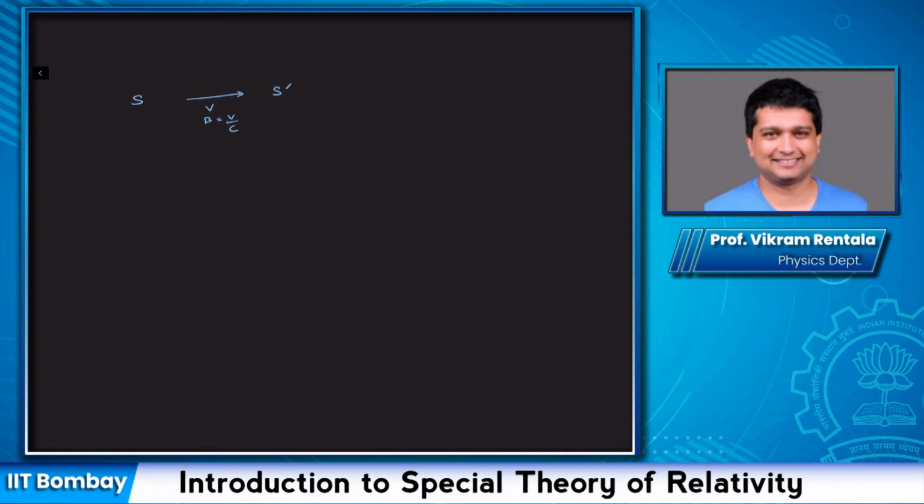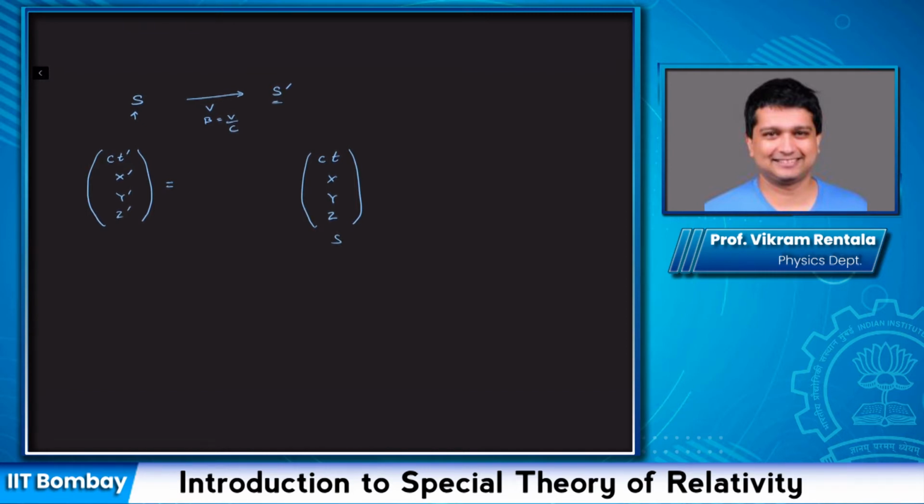Then we've seen that if we have coordinates ct, x, y, and z as described by an observer S, then we can arrange them in a column vector, and we can ask how they are related to the coordinates of a spacetime event as seen by an observer S prime, which we denote with ct prime, x prime, y prime, and z prime.